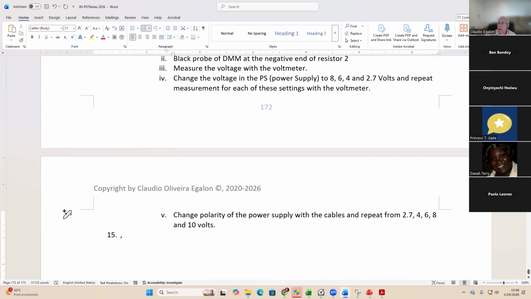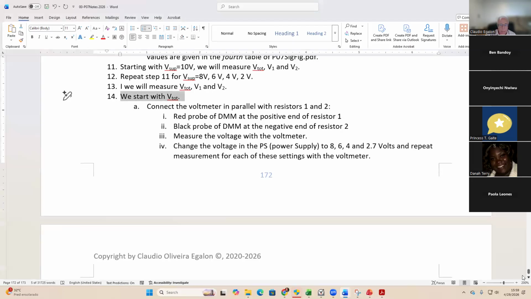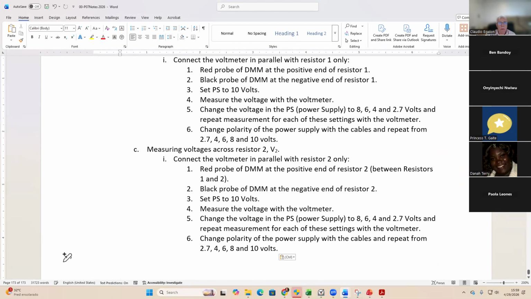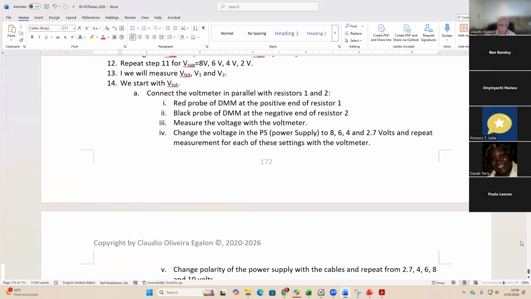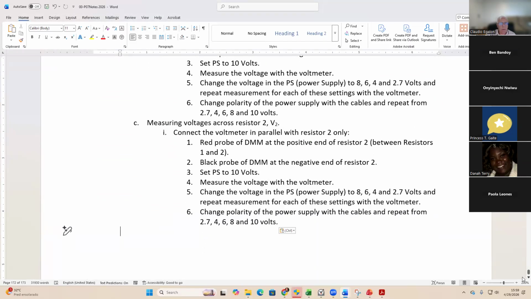It's all documented here. Okay, and next. Here you go, measuring voltage across resistor 1, V1. Measure voltage for resistor 2, V2.